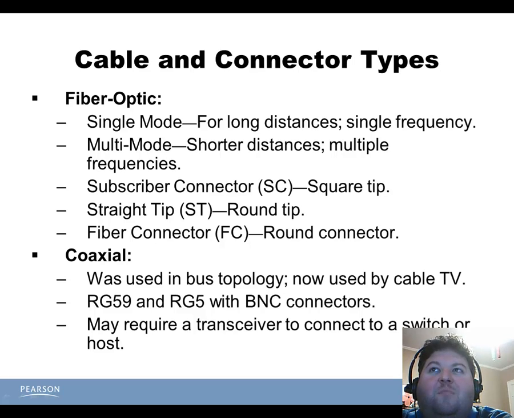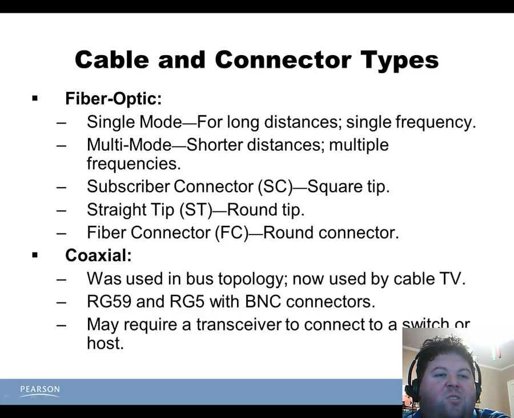Coaxial is used in the bus technology and is now used by your cable TV. There are different types of coax, and they're all called RG, a registered gauge. Here they gave examples 59 and 5. And the connection on these types of coax cables, if they're used for computer, is going to be what's called a British Naval connector, or a BNC connector.